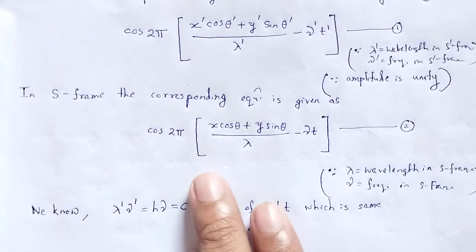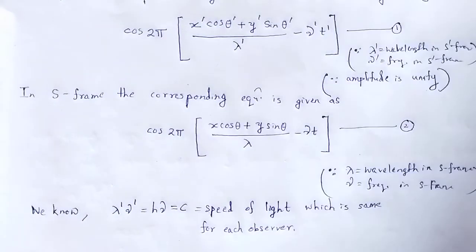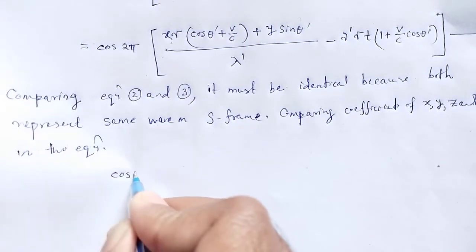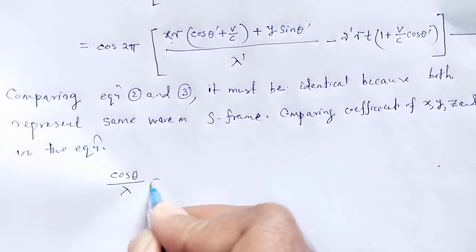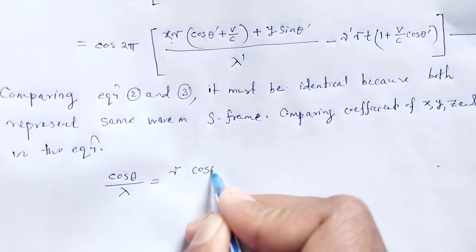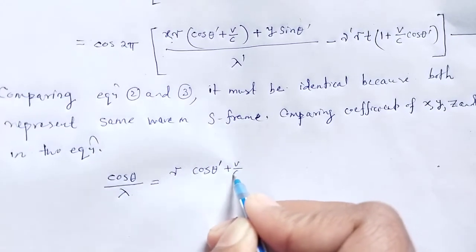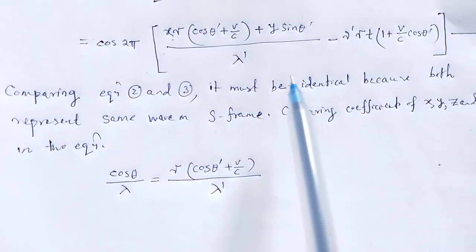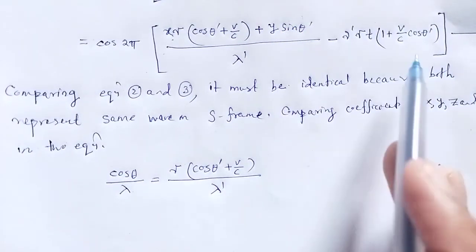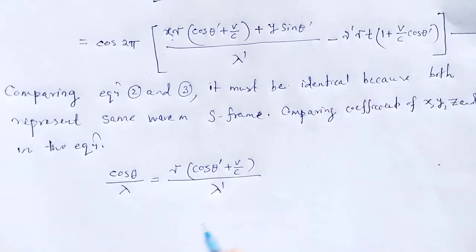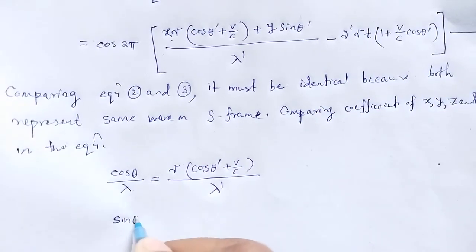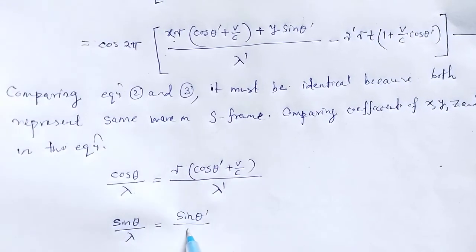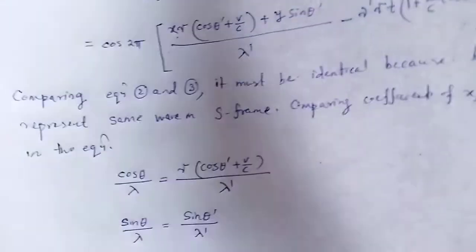Here the coefficient of x is cos theta by lambda, so cos theta by lambda is equal to gamma of cos theta dash plus v by c divided by lambda dash. Again equating the coefficient of y from equation 2 and 3, sin theta by lambda is equal to sin theta dash by lambda dash.